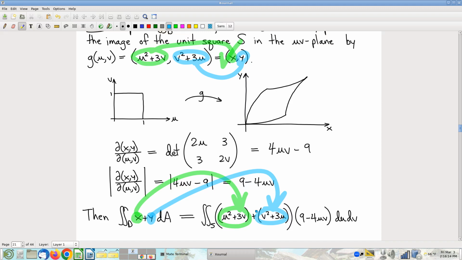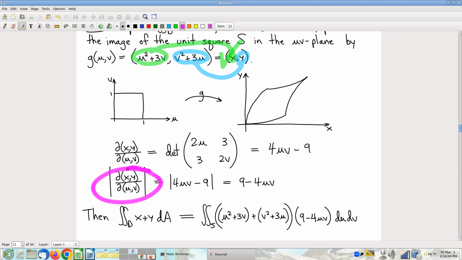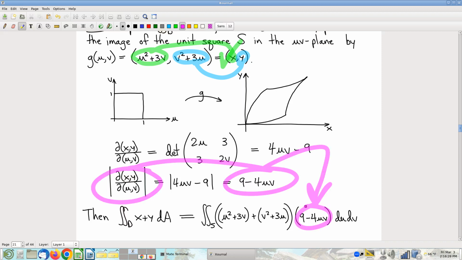Is that all right? Everybody's happy? Don't forget to plug in your stretching factor. Keep in mind your stretching factor is the absolute value of the Jacobian determinant. Just make sure to stick that in there, and we're in business.